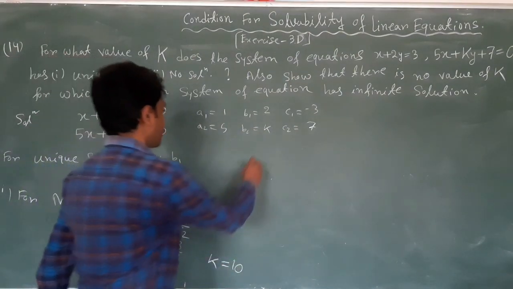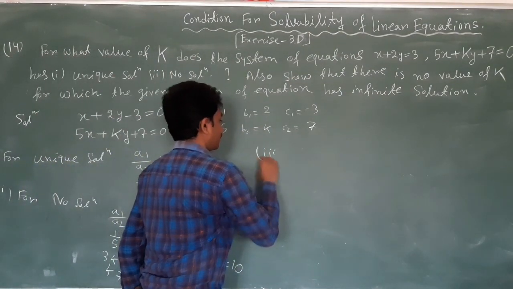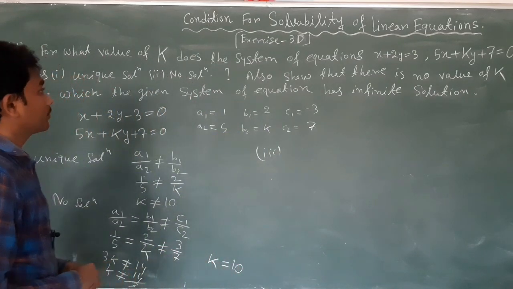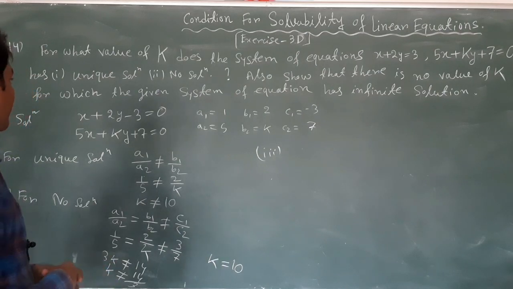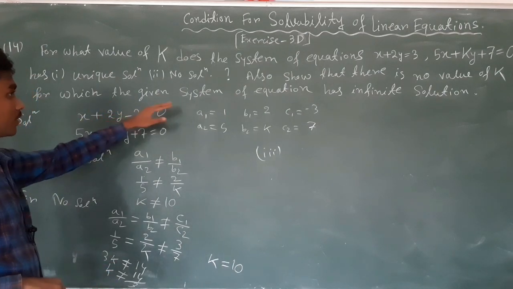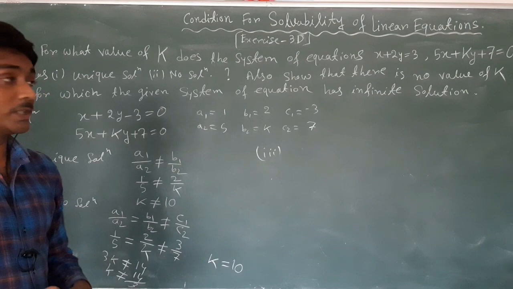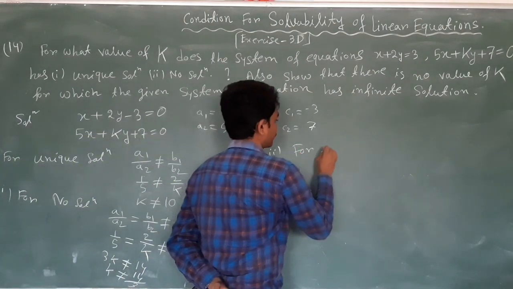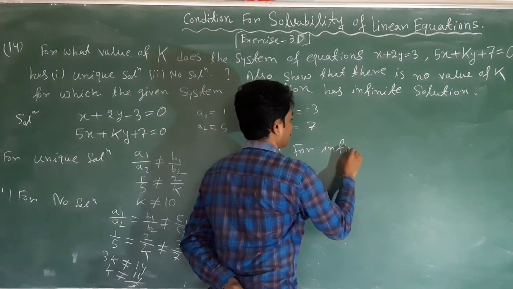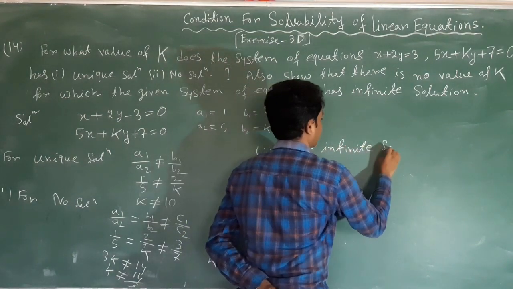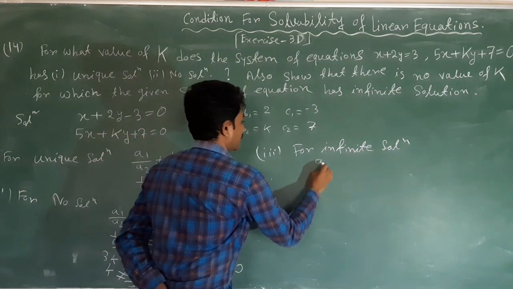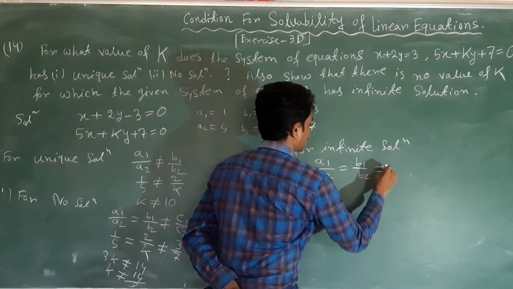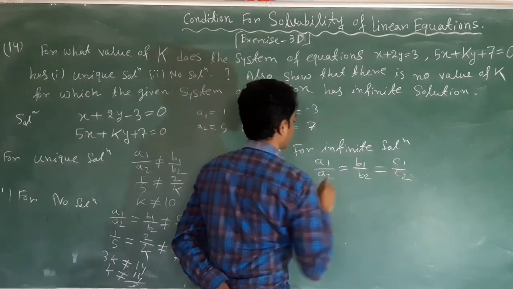So next we solve the third part, that there is no value of k for which the given system of equations has infinite solutions. So for infinite solutions, A1 upon A2 is equal to B1 upon B2 is equal to C1 upon C2.